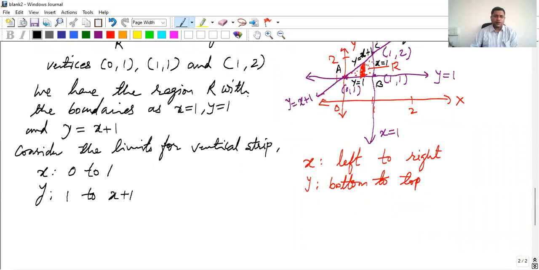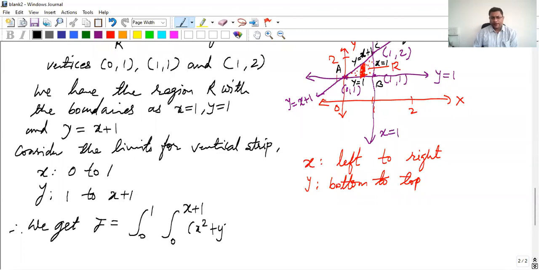Hence, we get I is equal to, x limits are 0 to 1, y limits are 1 to x plus 1, and here we have x square plus y square. Now the order is dy.